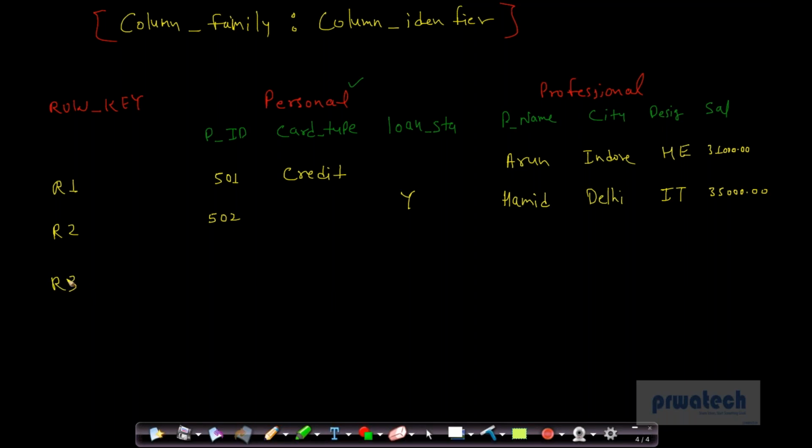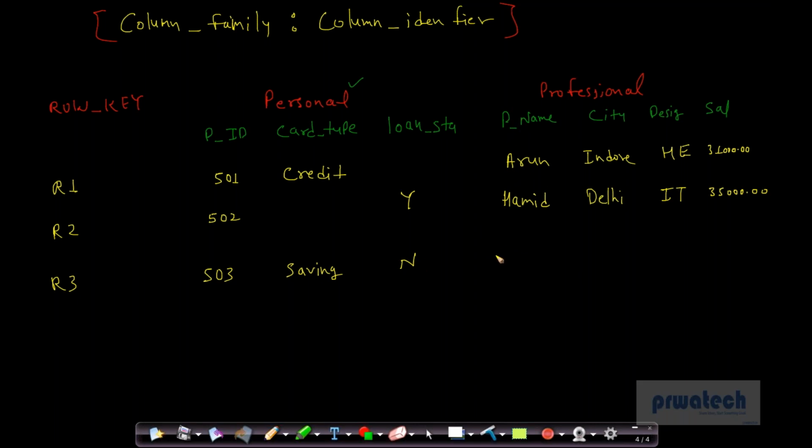we have one more piece of information for this person R3, and that is his mobile number. So we'll write here, I know 503. I know the card type also, this is saving type. I know the loan status also: there is no loan.